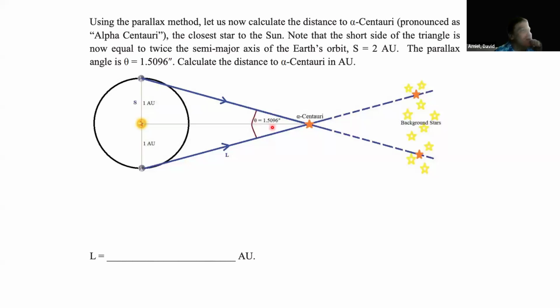The parallaxic angle is given as 1.5096, and those double lines there are seconds, arc seconds. So again, you're measuring the parallaxic angle in arc seconds. That's not what we're going to do in this lab. It is what we're going to do, but I'm going to show you how easy it is to get the parallaxic angle in a minute.